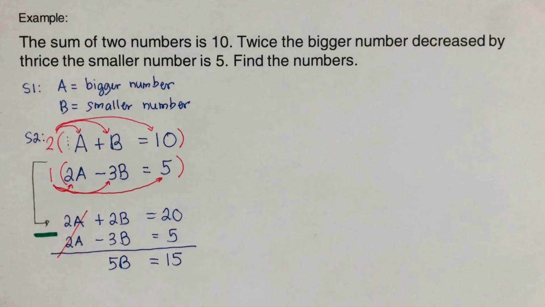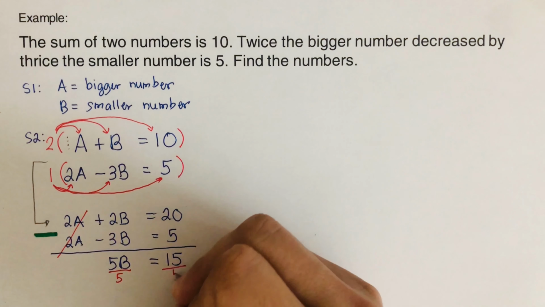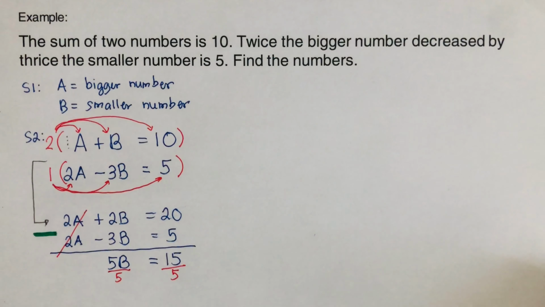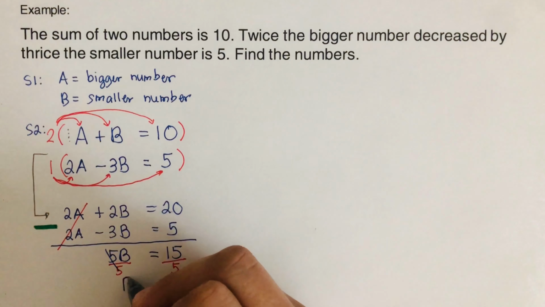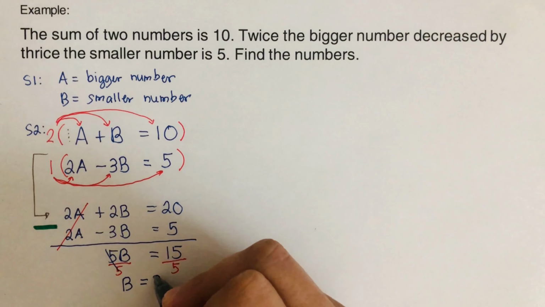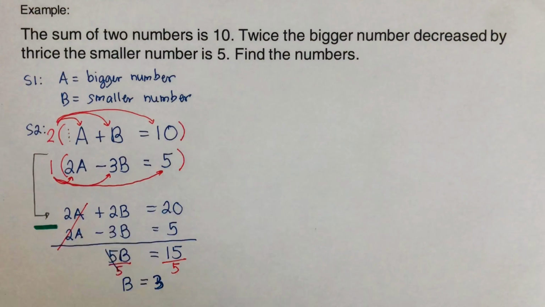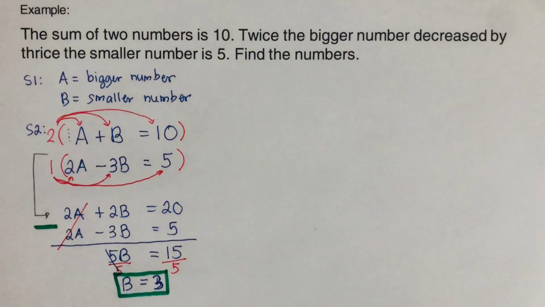We want to solve for B, so we divide both sides by 5. Then we can say that our B is actually 3. So I can write 3 right here. This is our B value, which represents the smaller number. So I can go ahead and label this.